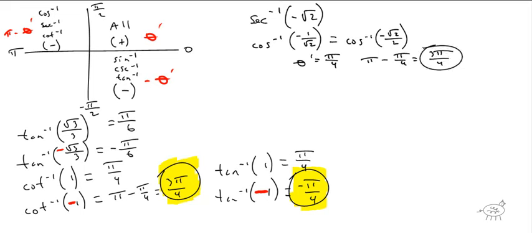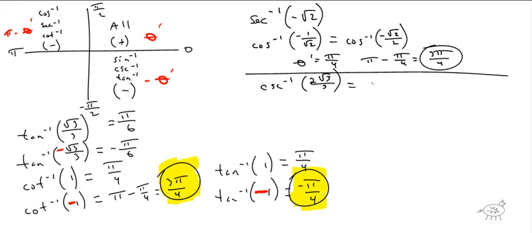Okay, that was pretty mellow. How about inverse cosecant of 2 root 3 over 3? Okay, again, kind of brutal. I'm going to switch around. I'm going to call this inverse sine of 3 over 2 root 3. If I rationalize that, which you guys should be able to do, I get root 3 over 2.